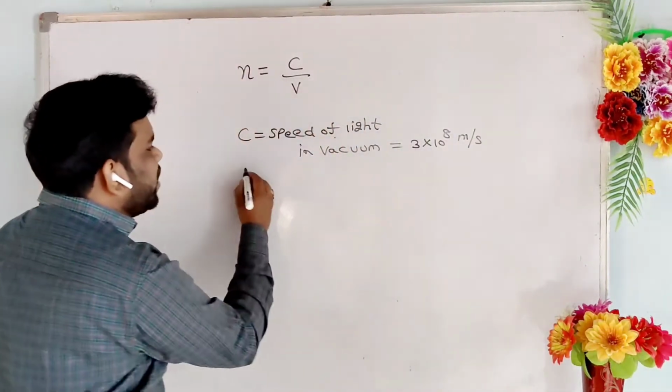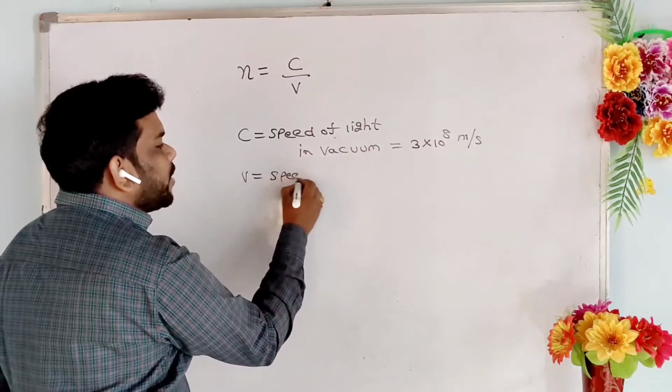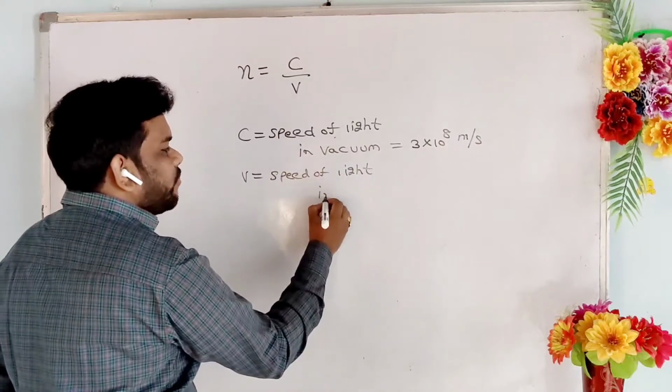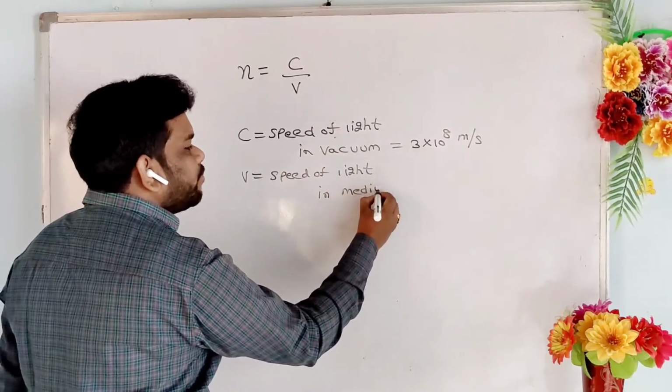And what is V? This is the speed of light in medium. So this is vacuum, this is medium.